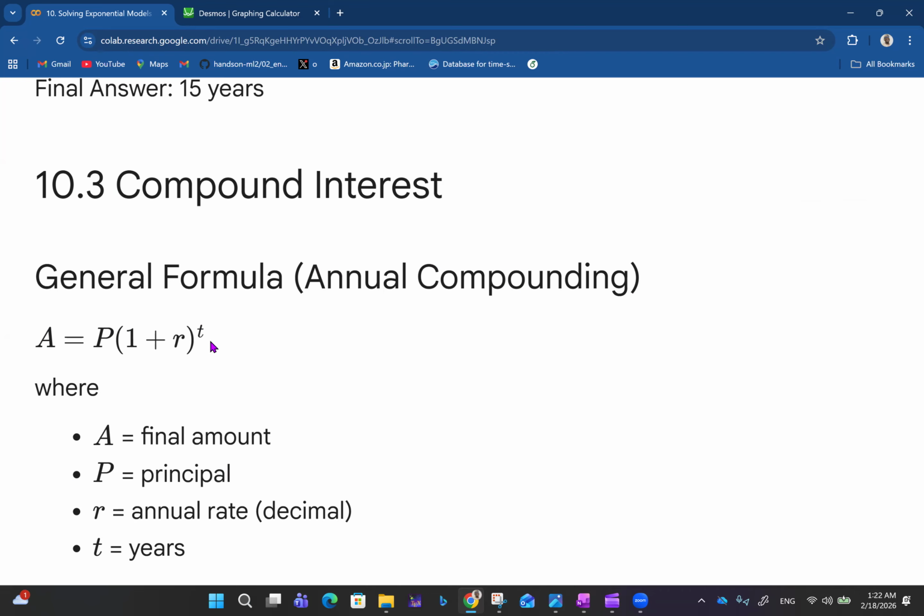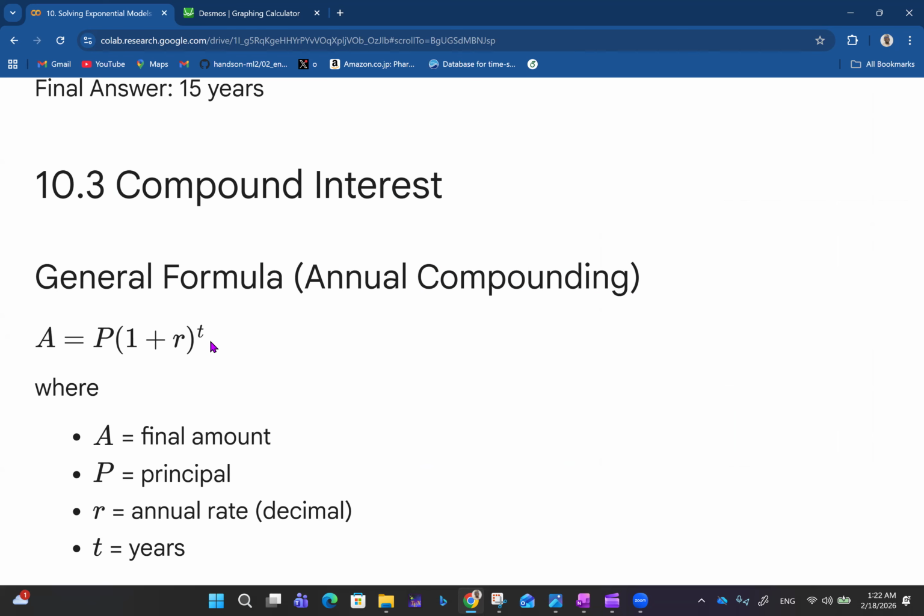Sometimes it can be confusing because of the timeline. I can tell you that the interest rate is a particular value per annum, and then I want you to find the final amount after 4 months.